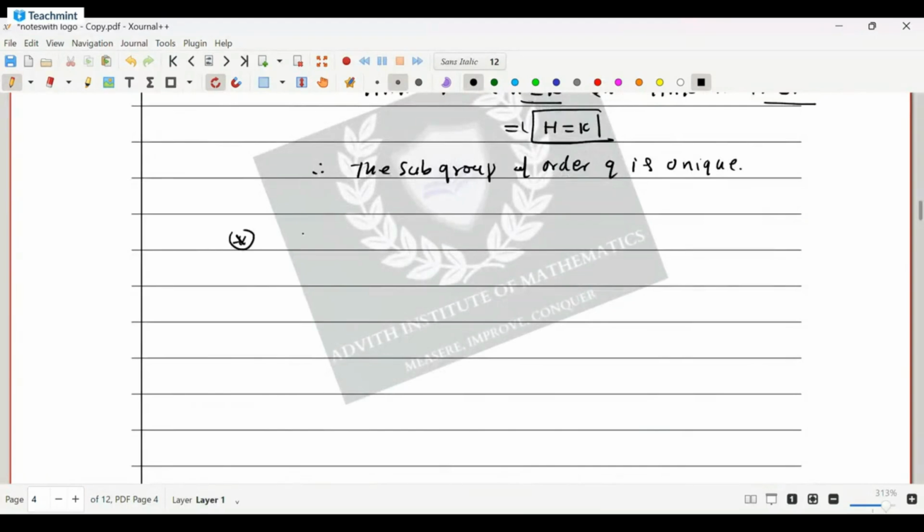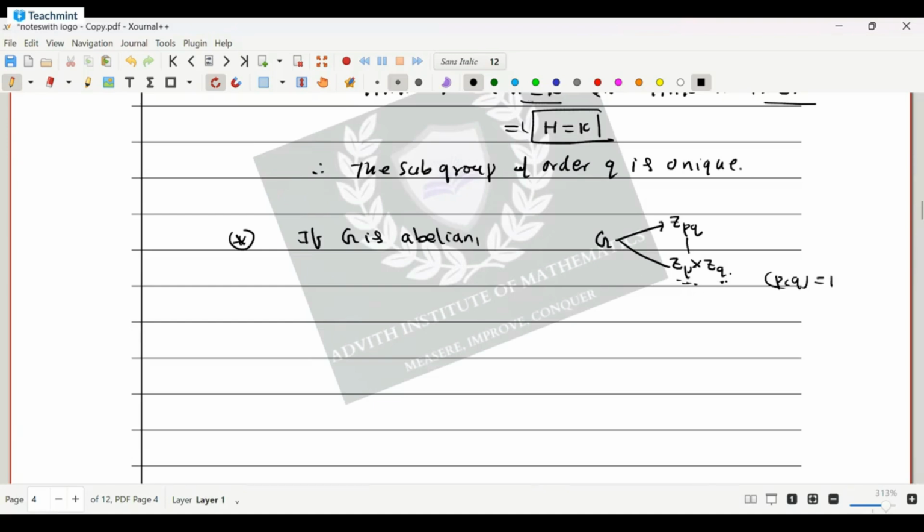సపోజ్ ఇఫ్ G is an abelian గ్రూప్ అయింది అనుకోండి, అప్పుడు ఏమవుతుంది సార్? G is isomorphic to either ZPQ or ZP cross ZQ, sir. కానీ ఈ P and Q are distinct primes, sir. ఇవి distinct primes కాబట్టి GCD of P, Q is equal to 1.